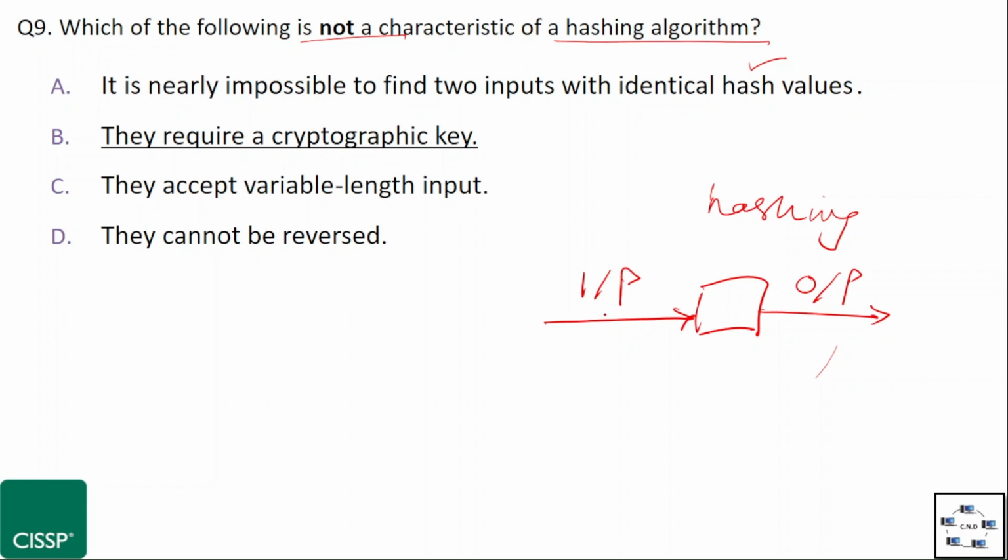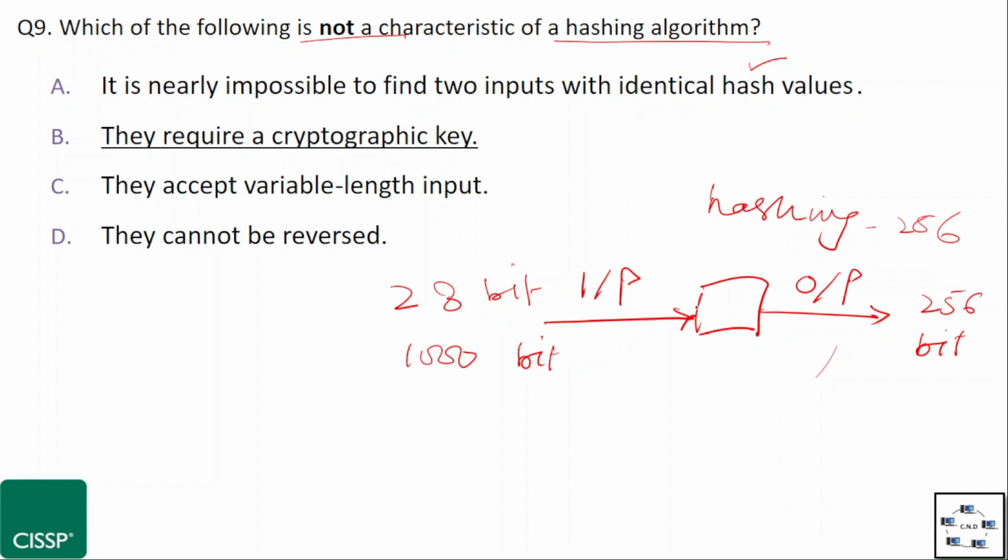So the input can be of variable length. Let's suppose the input may be 28 bits, or 1000 bits. But if our hashing algorithm is of 256 bits, then the output will always be 256 bits, irrespective of the input length.